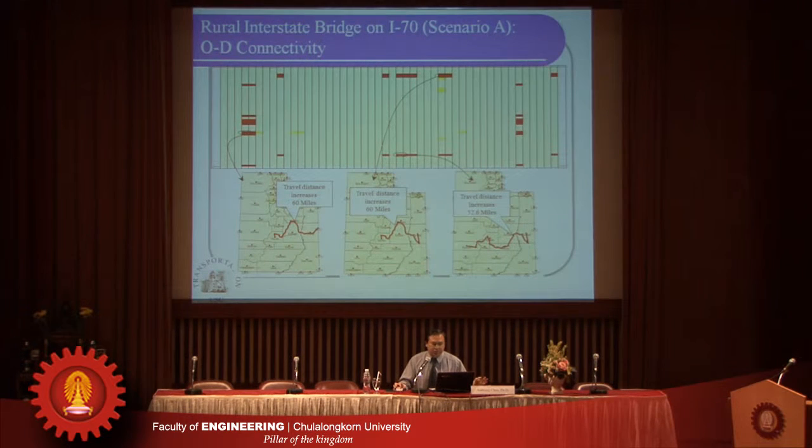What we did is we color-coded it. Basically, this shows you the detour length. Red means that the detour is higher, yellow is probably medium, and if you don't see any colors, it means that it's not being affected by that one bridge, okay?